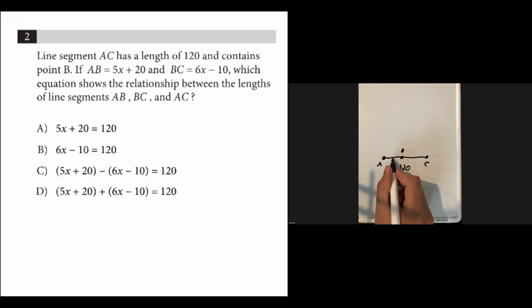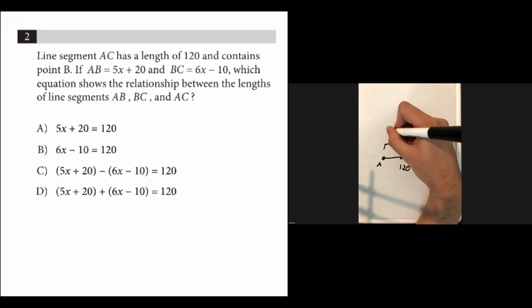It could be like here, it could be here, but we just know that there is a point B somewhere. And we know that AB is 5x plus 20. So this is 5x plus 20. And we're given that BC is 6x minus 10. This is 6x minus 10.